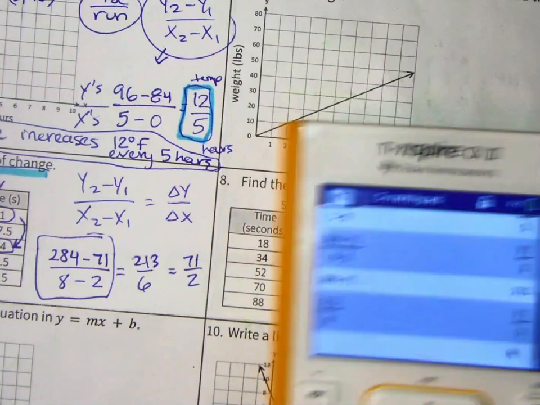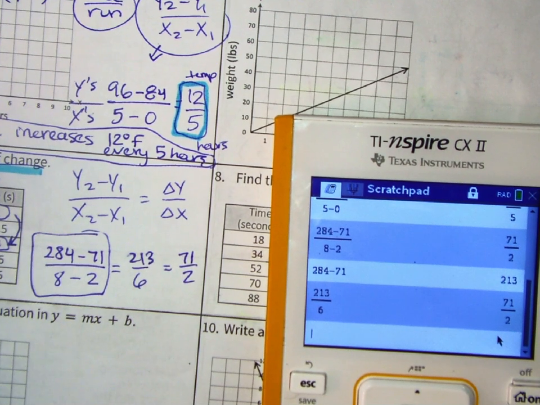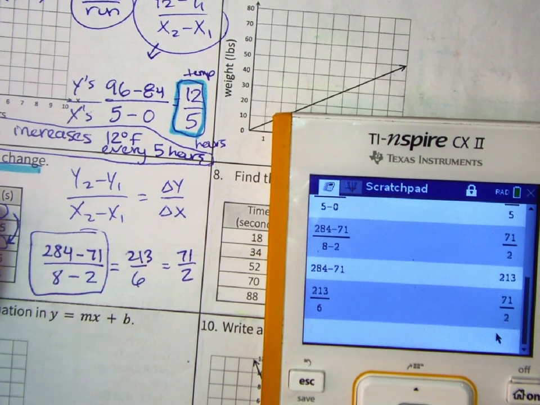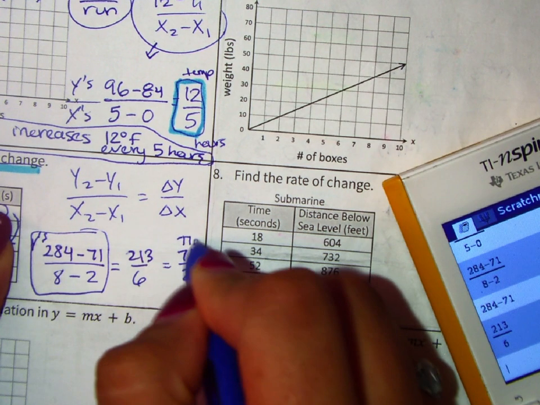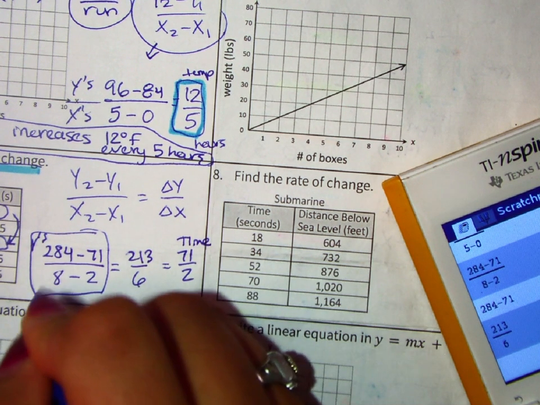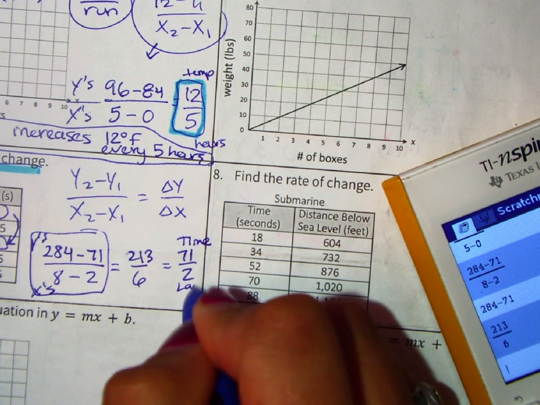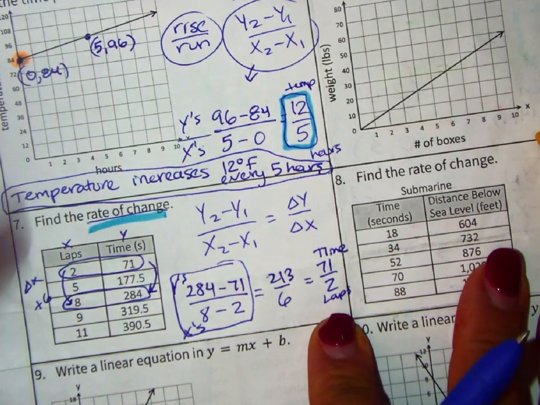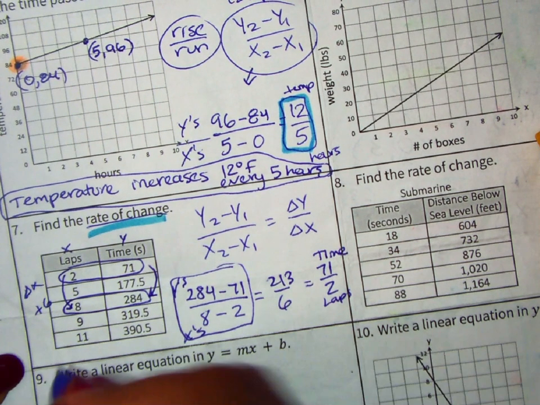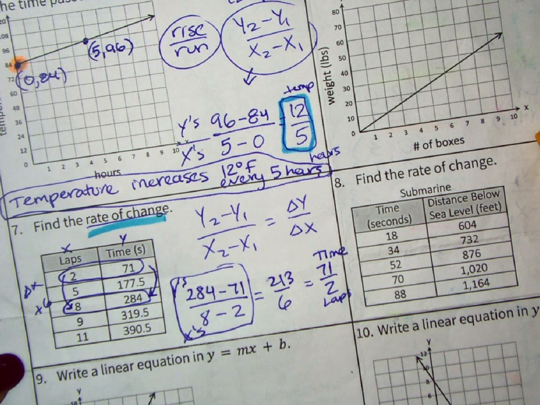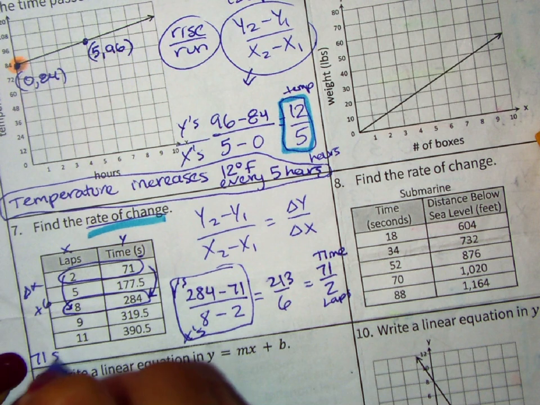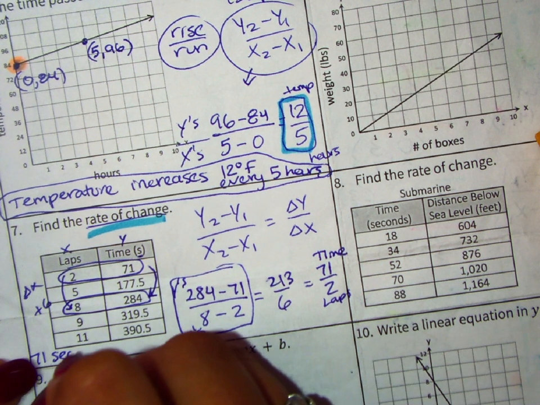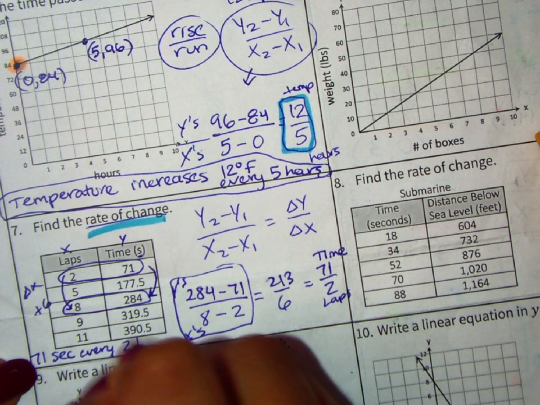This, you can explain what that means in terms of the scenario. So once again, the top values are your y's, that's your time. The bottom values are your x's, and that's your laps. And we can assume that this means that you are either walking or running, it takes 71 seconds, because the unit is seconds, 71 seconds every 2 laps.